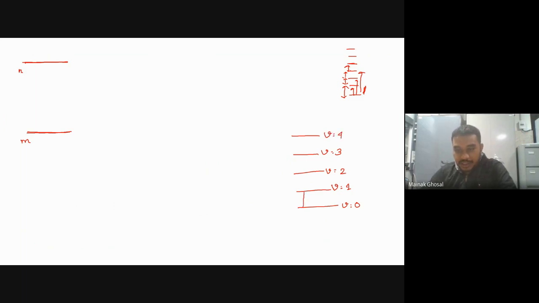So this transition, this transition and this transition; suppose I name them A, B and C. Which one is allowed? Is A allowed, B allowed, or C allowed? Which one is allowed and which one is not? These are all vibrational levels.